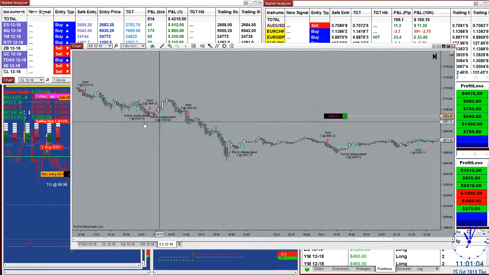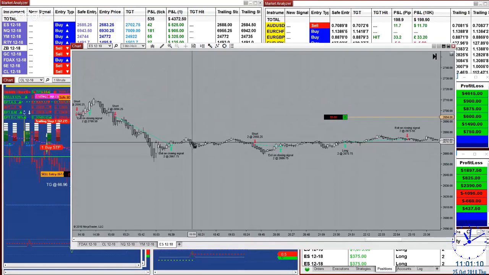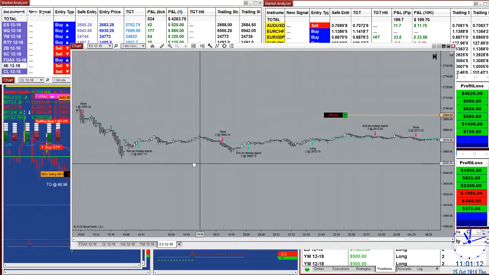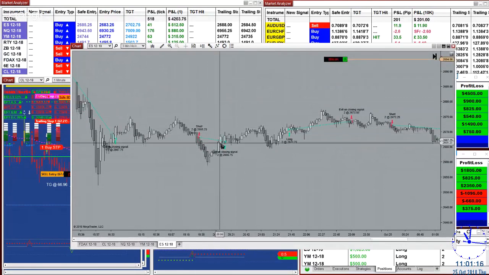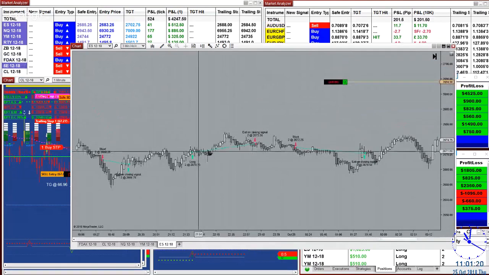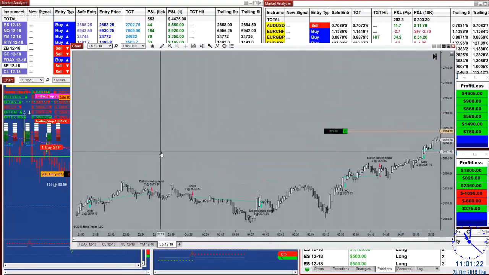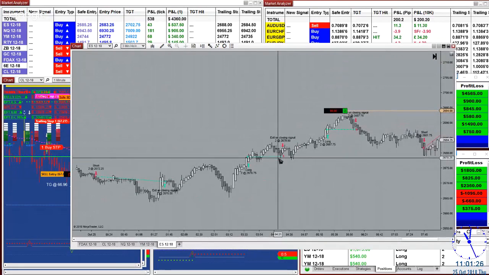And what I like, even without the filter, look how we survive those areas here. And then one small trade. I mean, non-stop.